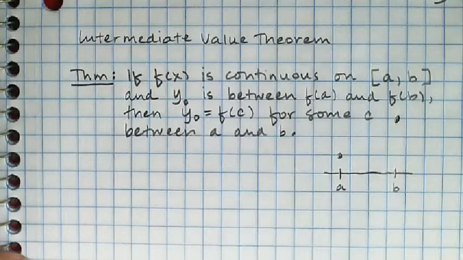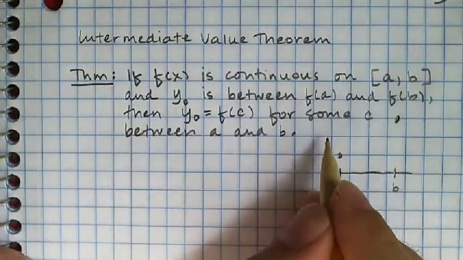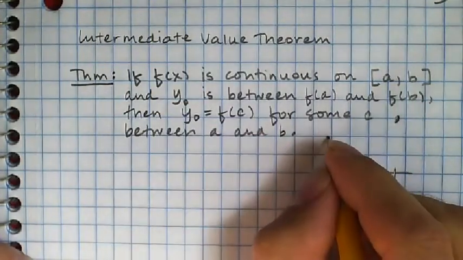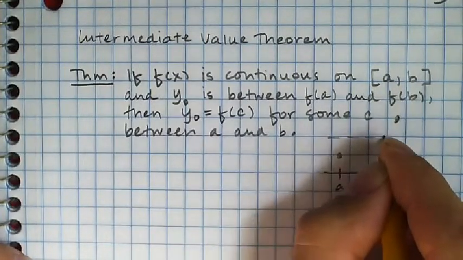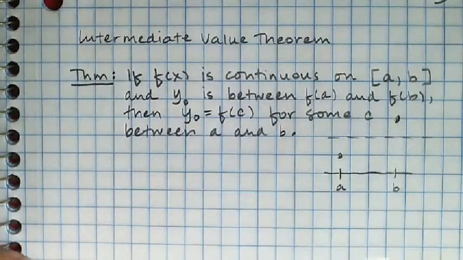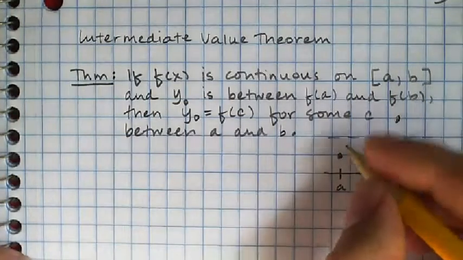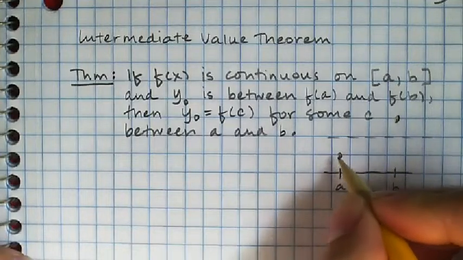If we've got some y value between f of a and f of b, like say this y value, y0, then there has to be a place. If the function is continuous, I know I can draw a picture of it in one go.